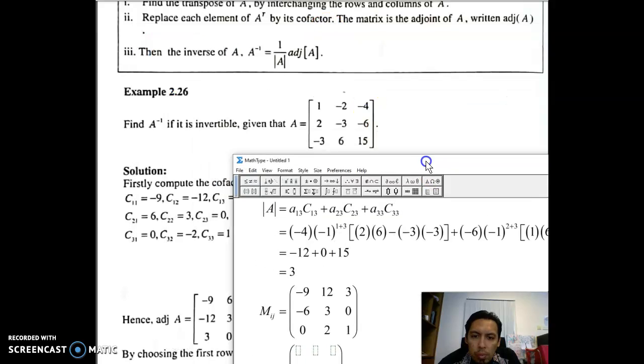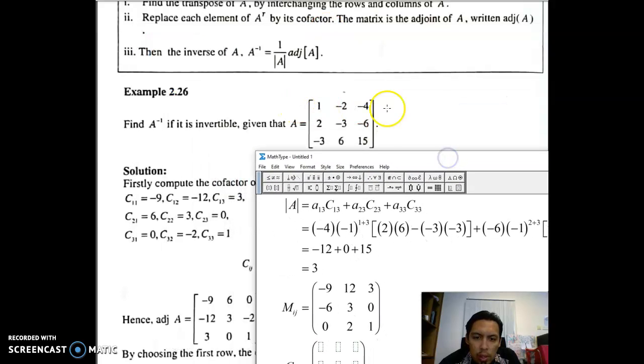Now, we still need to look at the original matrix. Okay, so we have already found this just now, but let's just look at it again. So for the first one, the minor, right? For A11, the minor is this. So negative 3 times 15, negative 45, minus negative 36 will give us negative 9, right?